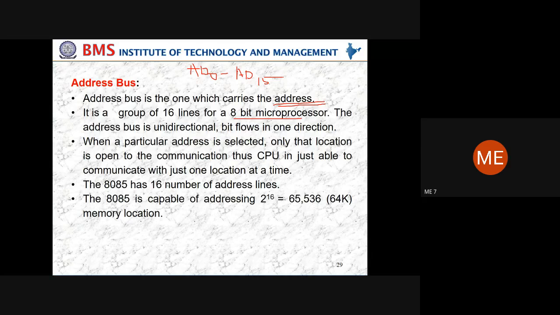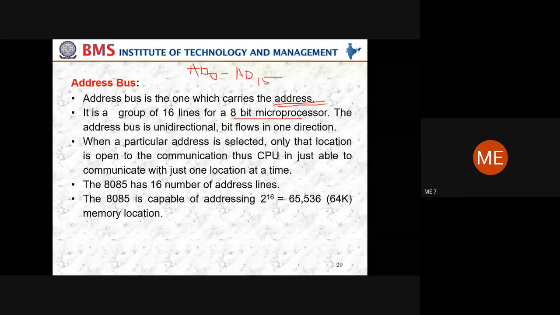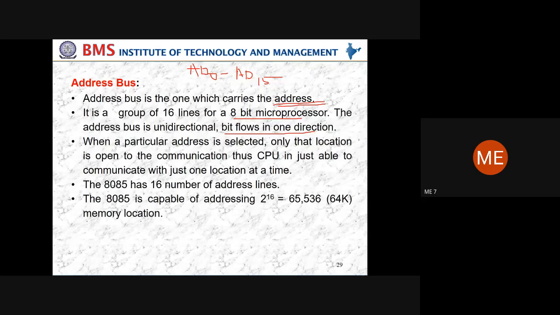The address bus is unidirectional; bits flow in one direction. When a particular address is selected, only that location is open to communication.